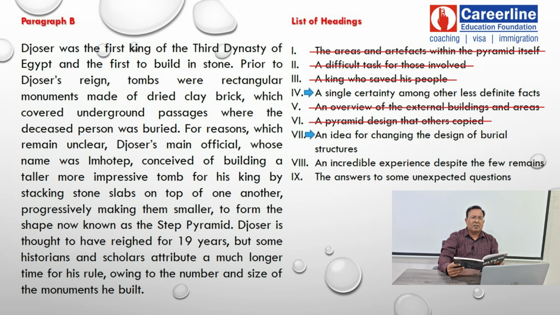Now looking at the other options to eliminate them. The 8th option says an incredible experience despite a few remains. Few remains and incredible experience are not mentioned in this paragraph. And the last option says the answer to some unexpected questions. No unexpected questions were mentioned and no answers were given.